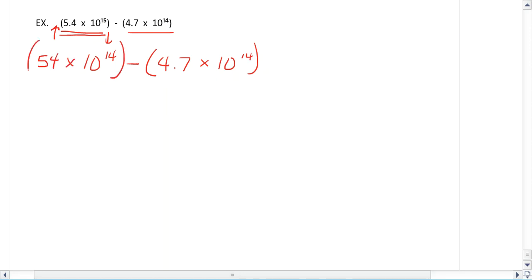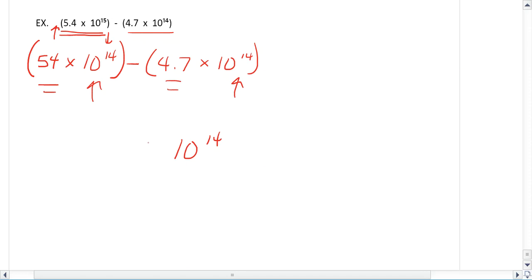And now I can go ahead and I can subtract the number part of these scientific notation numbers, and my answer is going to have the decimal point at the 10 to the 14th power. Notice we didn't do anything with the exponents. We didn't add them, subtract them, multiply, divide them. We did nothing. All we did is line up the decimal points.